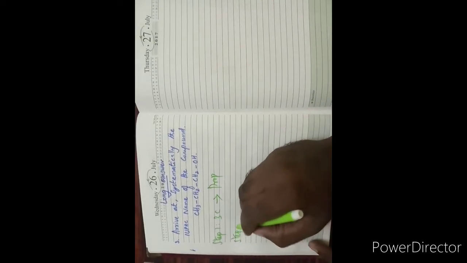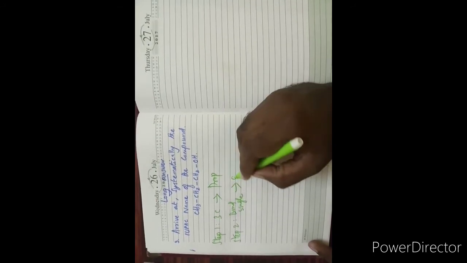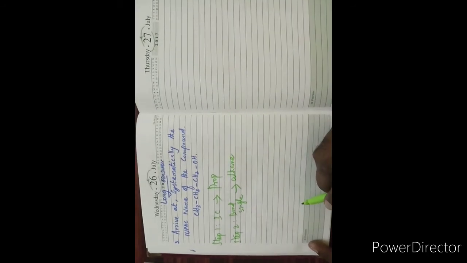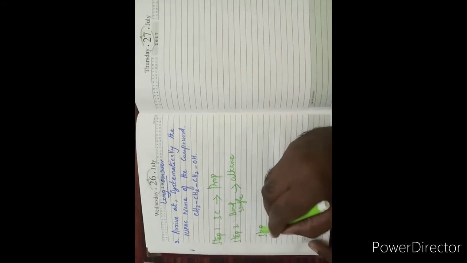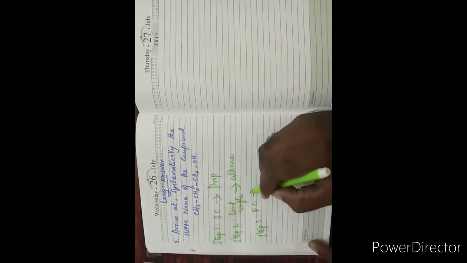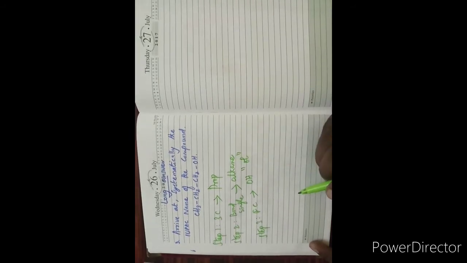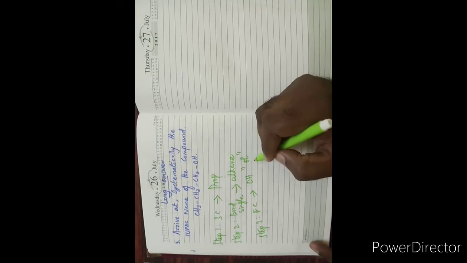Step 2, the bond is single, so it comes under the alkane family, not alkene or alkyne. Step 3 is the functional group. It is OH, that is nothing but alcohol. So propane plus alcohol gives propanol.